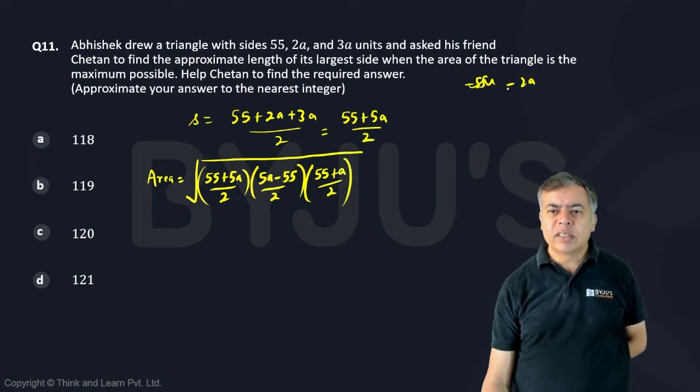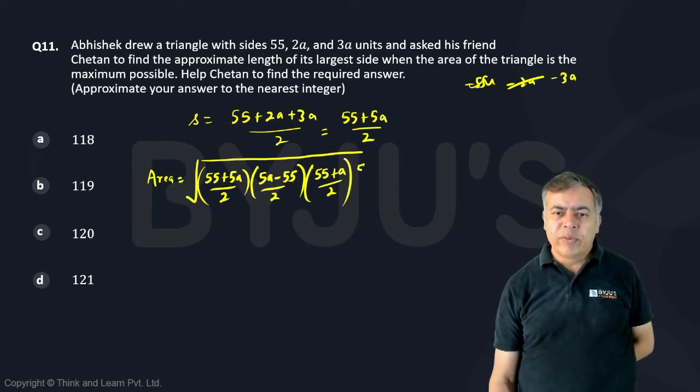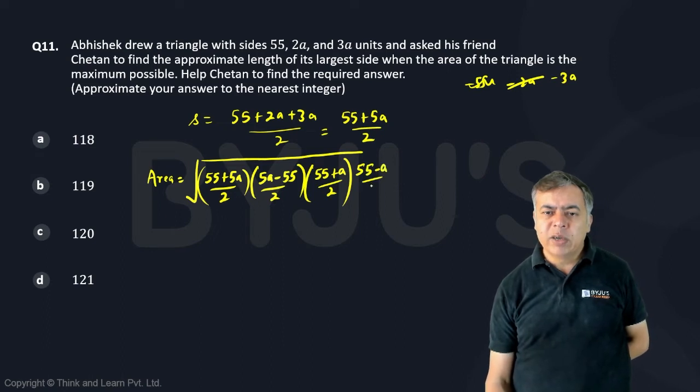Taking minus 3a, that is minus 6a by 2, it becomes (55 minus a) by 2.